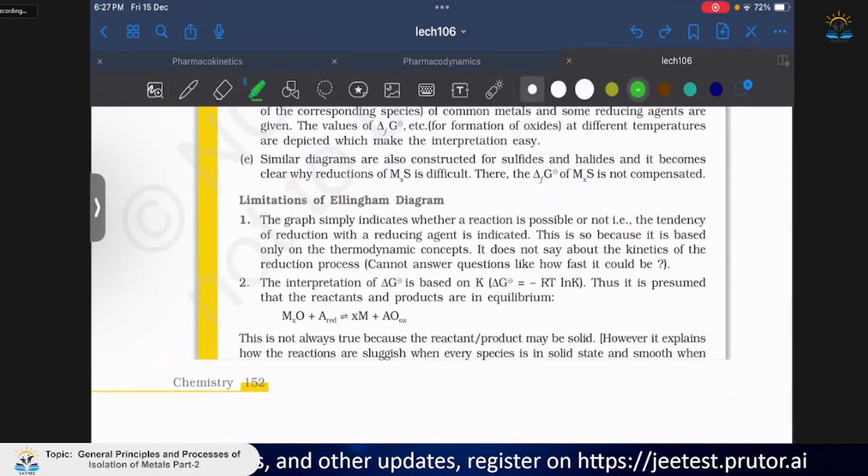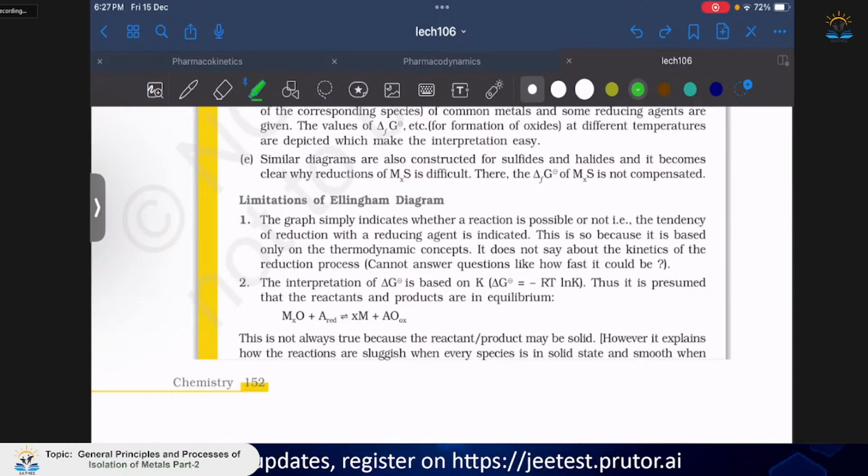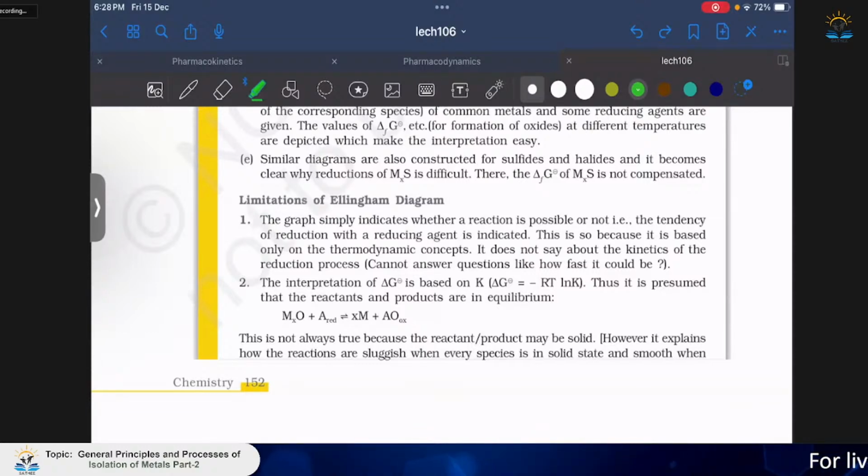Limitations of the Ellingham diagram: the curve just indicates whether a reaction is possible or not.